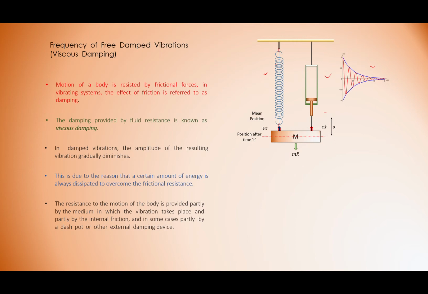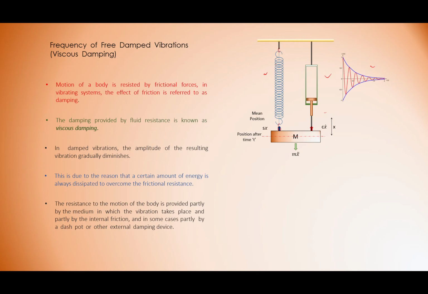According to Newton's second law, inertia force is equal to the product of mass and acceleration. When the motion of the mass is downwards, you will have an inertial force of the mass acting downwards.